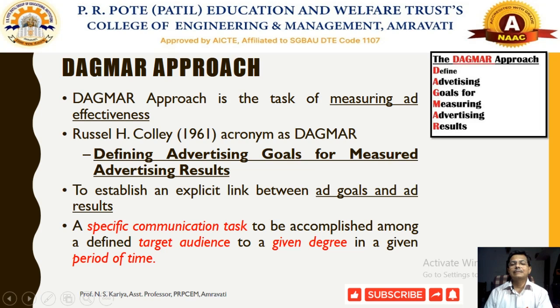Once our advertisement program has been conducted to fulfill this phenomenon, then and only then can we apply the DAGMAR approach very effectively and plan our advertisement program so that we can fulfill the needs and wants of the customers.